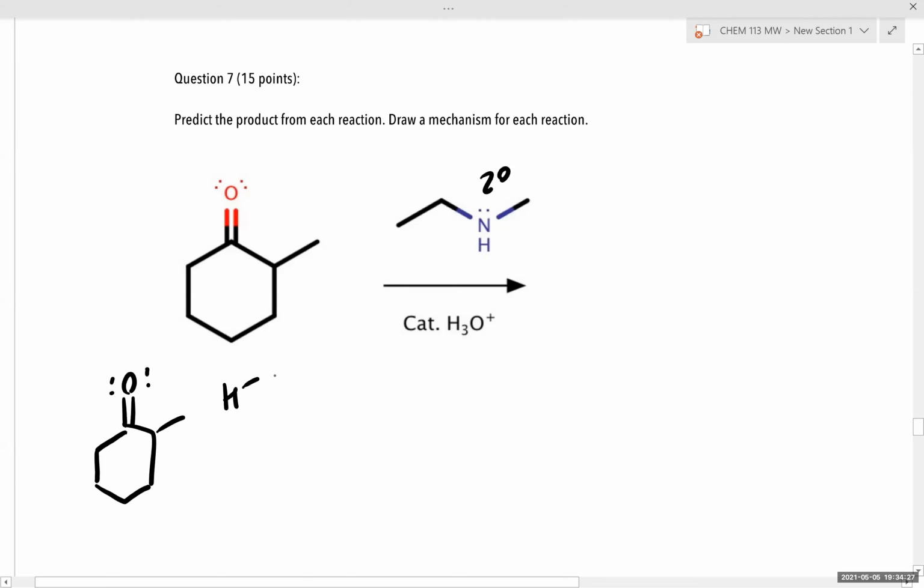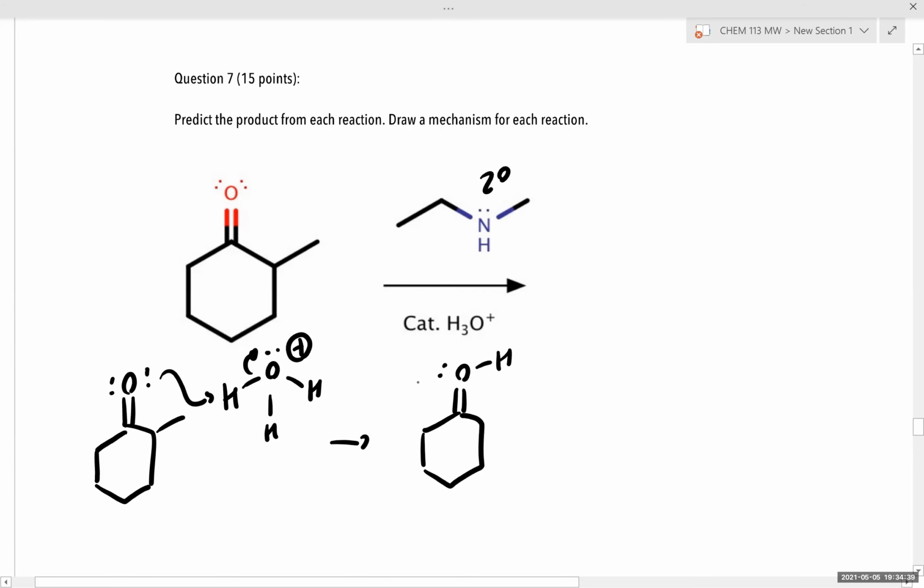So as we're under catalytic acidic conditions, the first step is to protonate our ketone. From here, our nucleophilic amine will attack the electrophilic carbonyl carbon, and this gives us our tetrahedral intermediate.